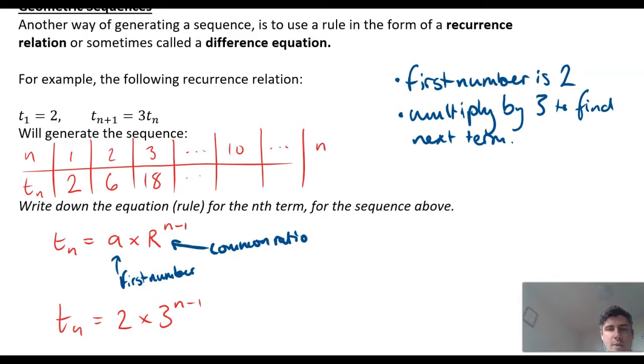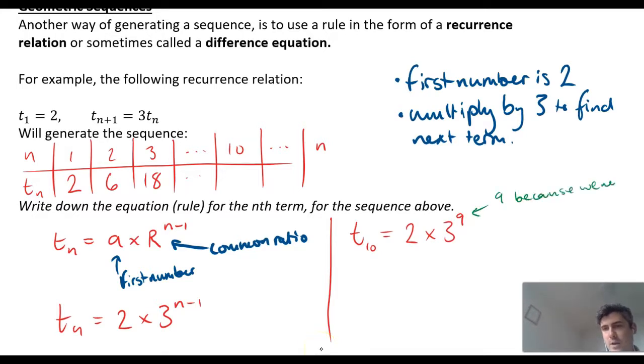Now, let's use that to find the 10th term. So T10 is equal to 2 times 3 to the power of 9. Okay, so 9, because we need to multiply by 3 9 times to get to the 10th term.